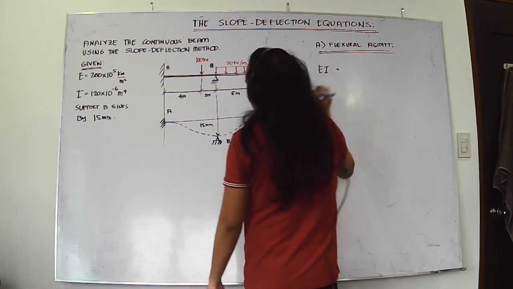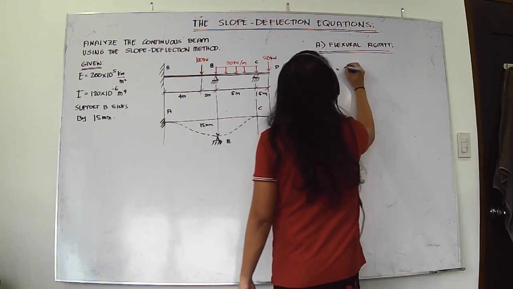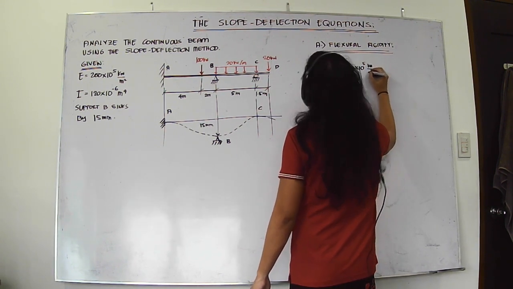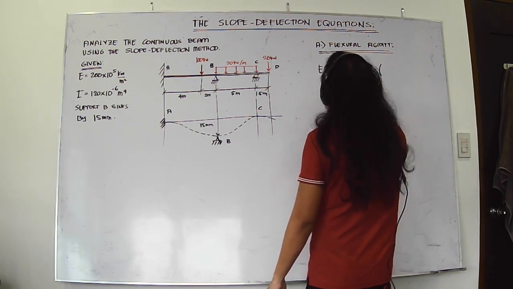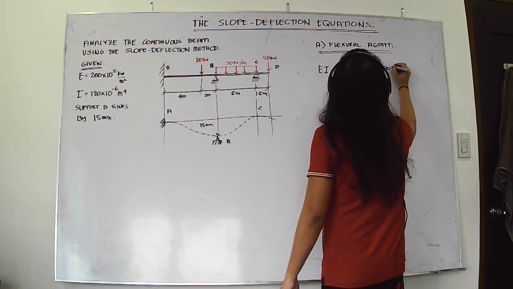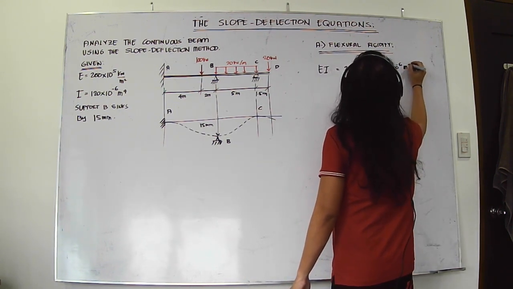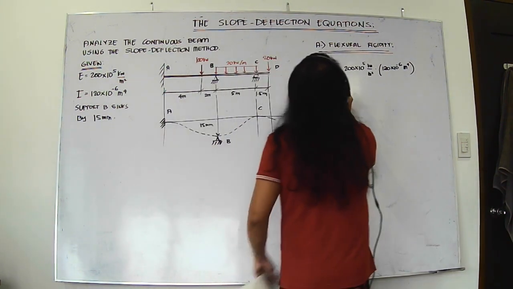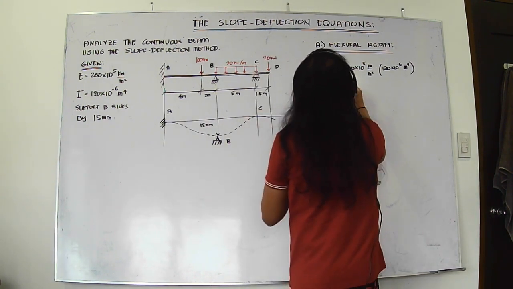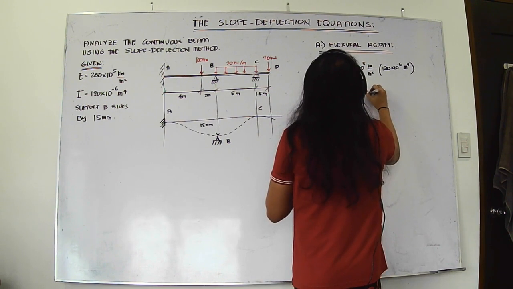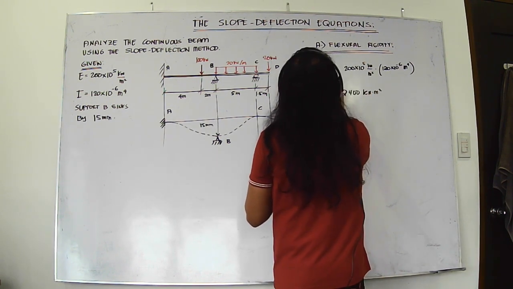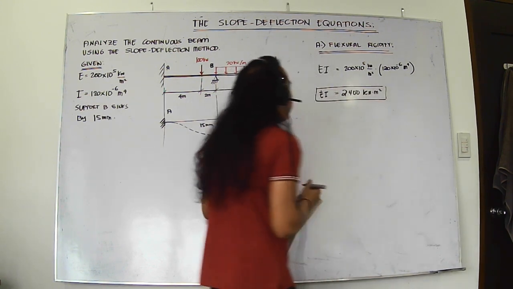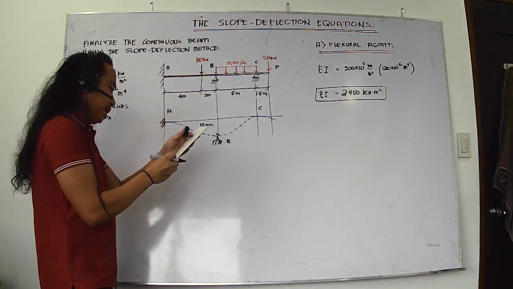So EI is equal to 200 times 10 to the power 5 kilonewtons per meter squared multiplied by 120 times 10 to the power of negative 6 meters to the fourth. Those are in meters. Multiplying that, you get 2,400 kilonewton meter squared. That is our EI.